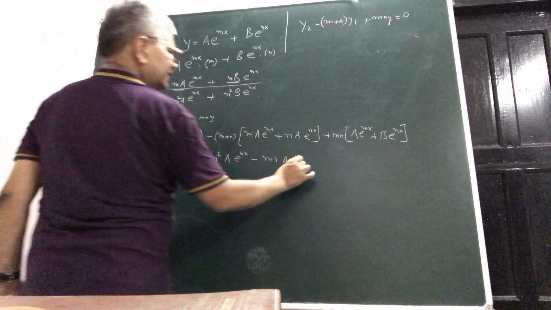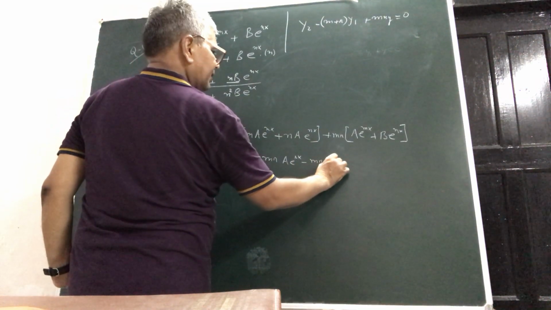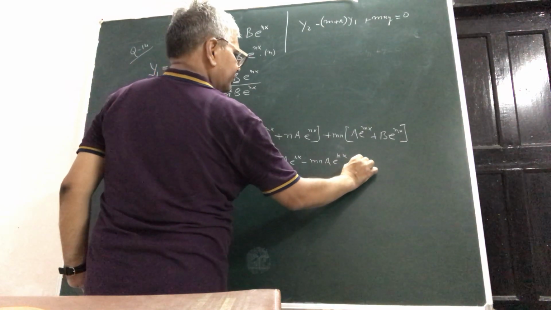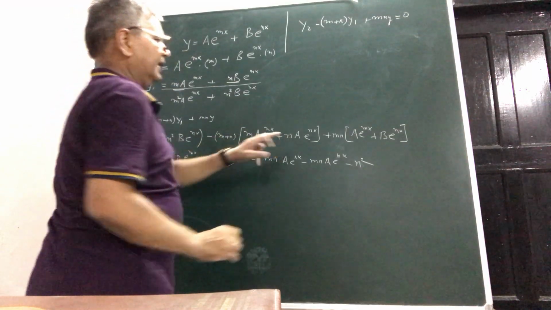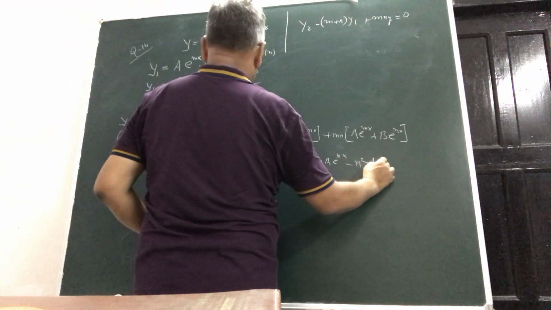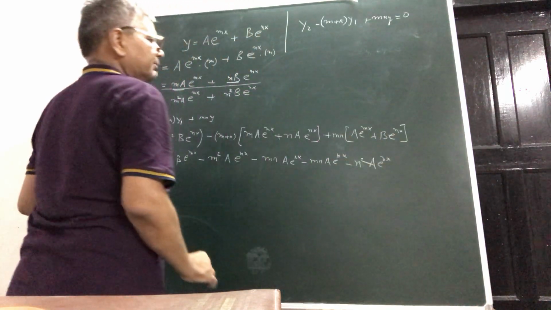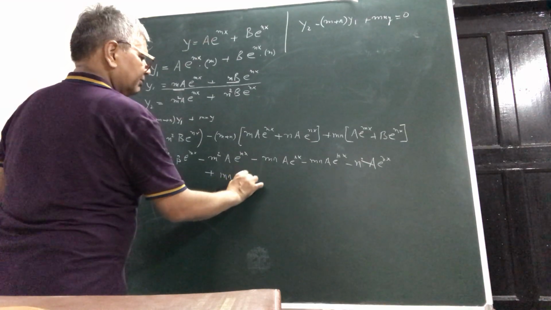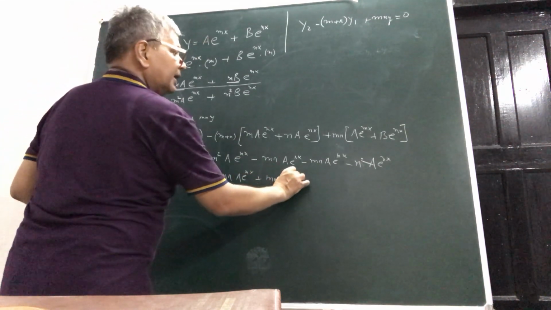Then n with this thing will give me minus mn a e to power mx, and finally n with n gives n square b e to power nx, plus this whole term: plus mn a e to power mx plus mn b e to power nx.